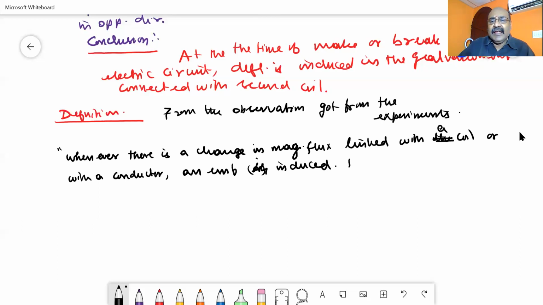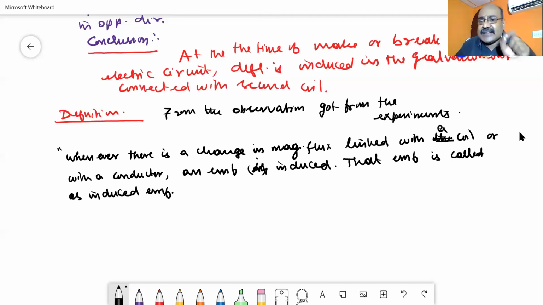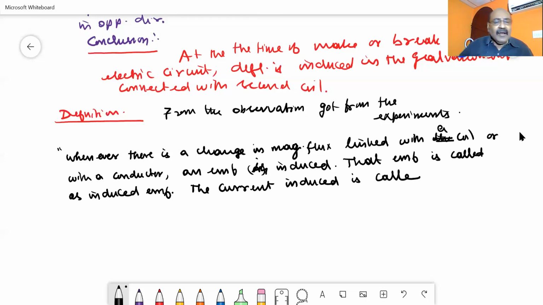That EMF is called induced EMF. Because of that EMF, a current is induced. The current induced is called induced current.